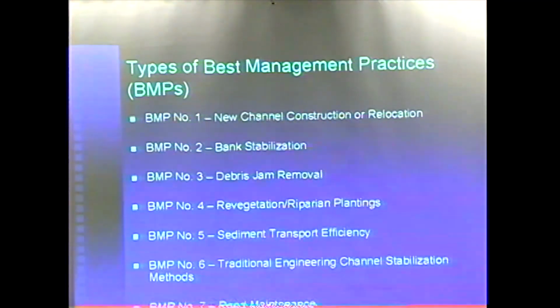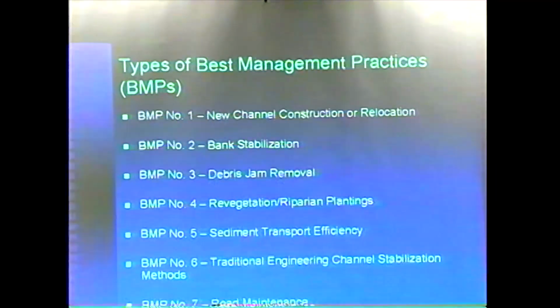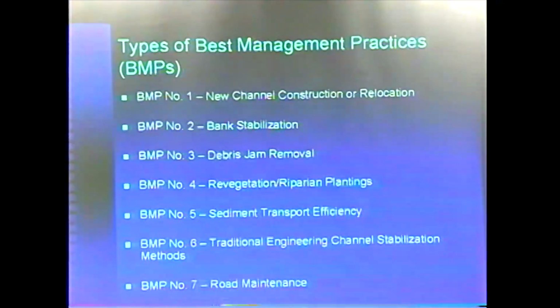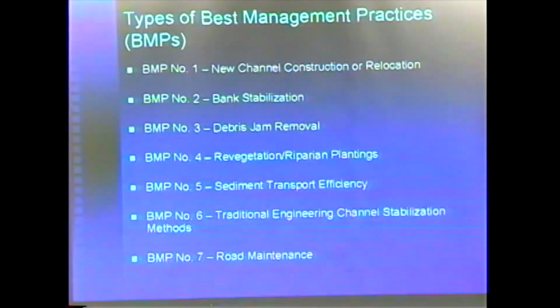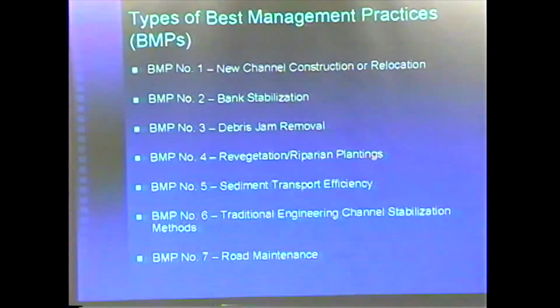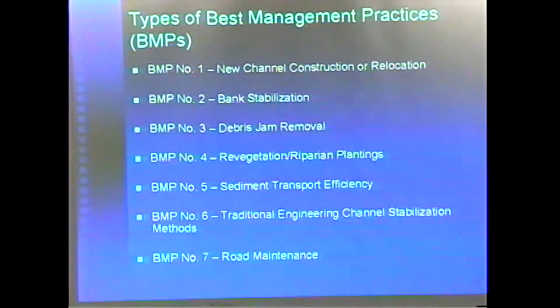When we did that, we did bank stabilization techniques, which included planting native vegetation and even some non-native vegetation, such as ryegrass and crown vetch, just to stabilize the area quickly until the natives can get established. Then sometimes you need to use debris jam removal, a best management practice, to take away a rock or concrete or some other structure that is causing water to erode a bank or whatnot.